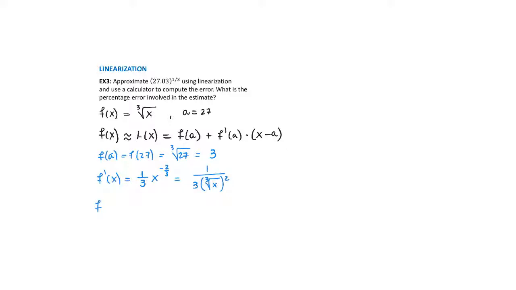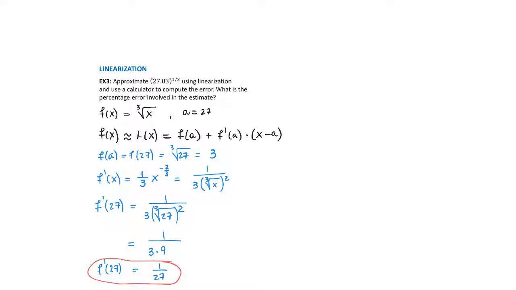So then, f prime of 27 will be equal to 1 divided by 3 times the cube root of 27 squared. Simplifying, the cube root of 27 is 3, 3 squared is 9, and that will give us 1 over 27. So that's going to be f prime of 27.